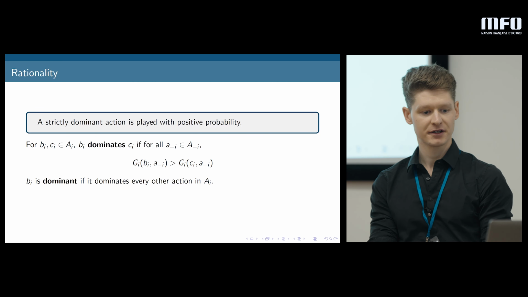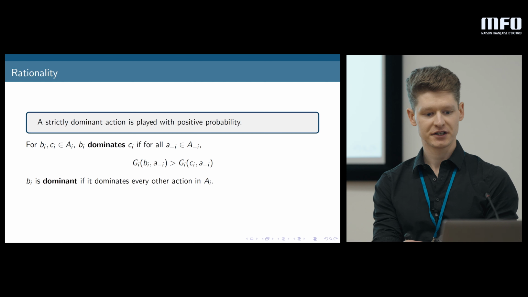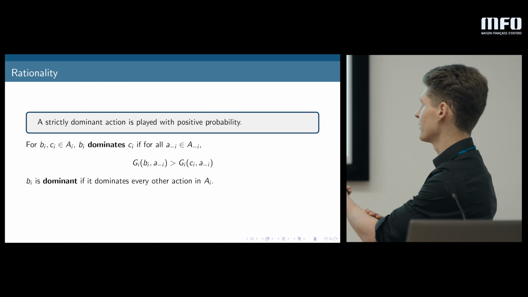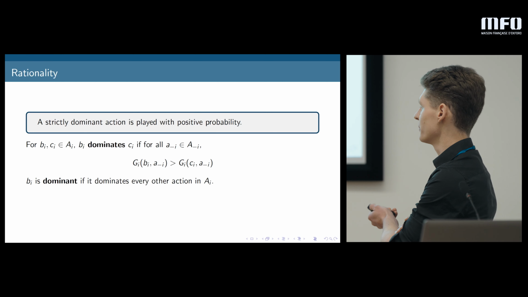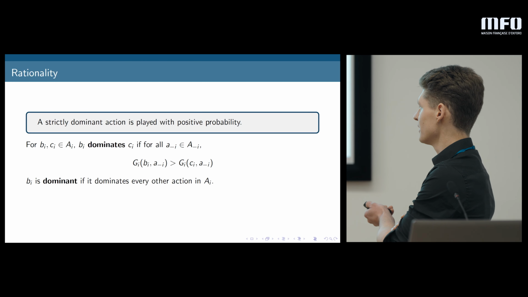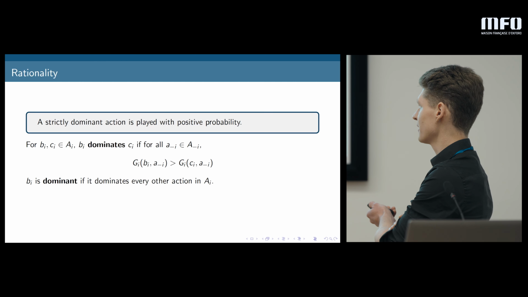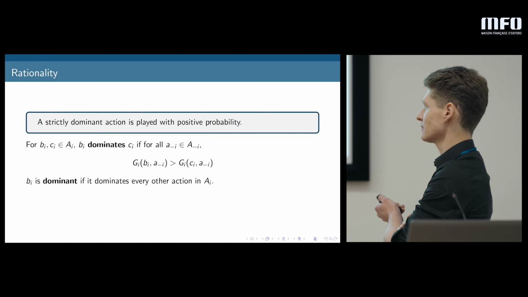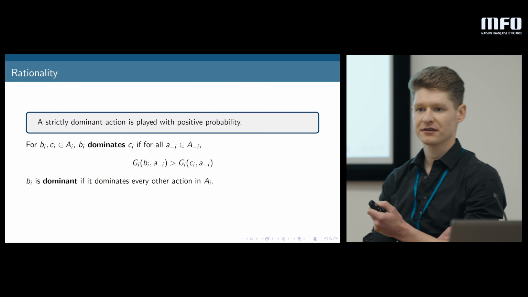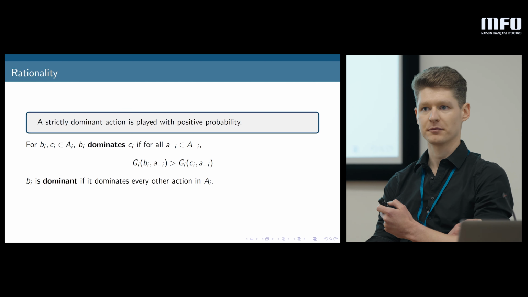Okay, and lastly, our rationality axiom. This is a standard definition of domination. B_i dominates C_i if no matter the actions of the other players, B_i gives a higher payoff than C_i for player i. And B_i is a dominant action if it dominates every other action of that player.